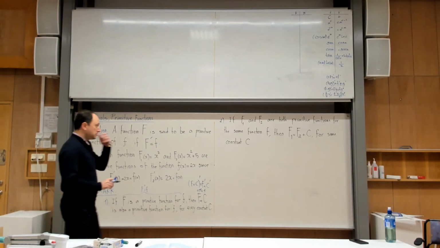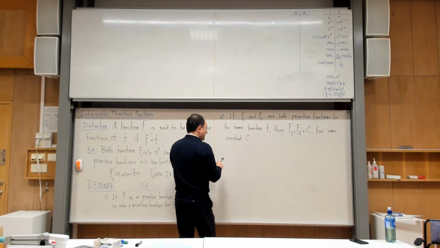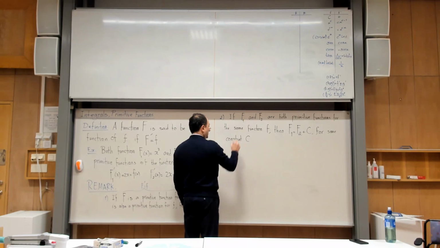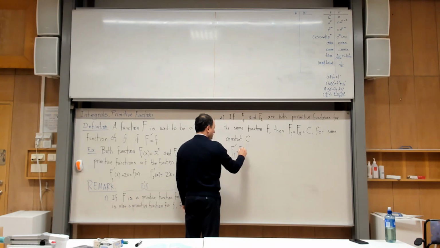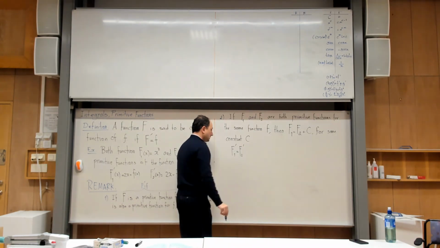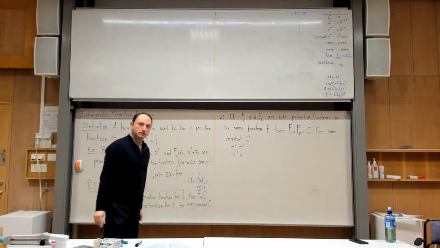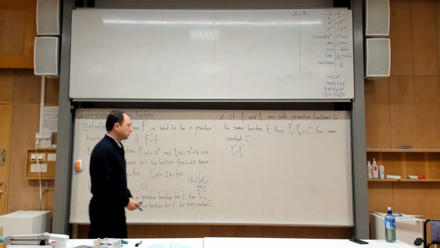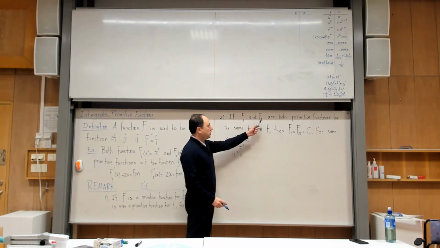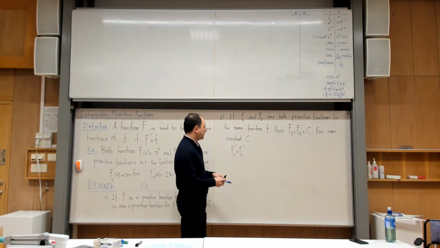So in other words, if you have F1 prime equals F2 prime, if you note that the derivatives of two functions are equal, both of them are primitive functions for the same function. What does it mean?